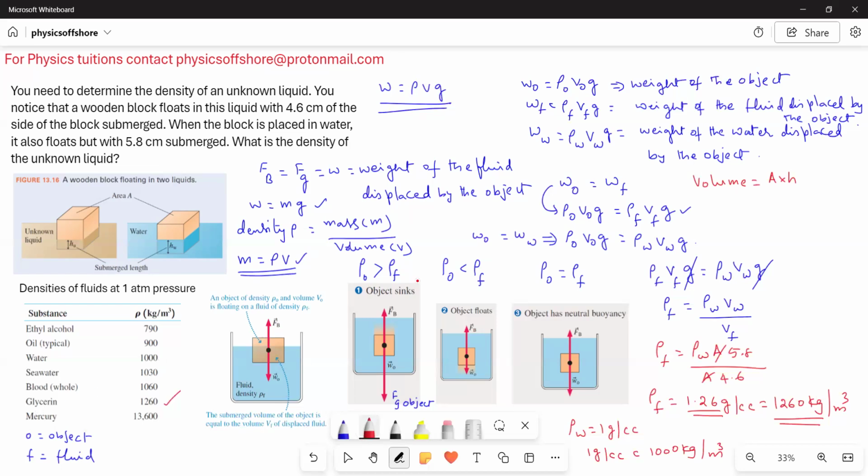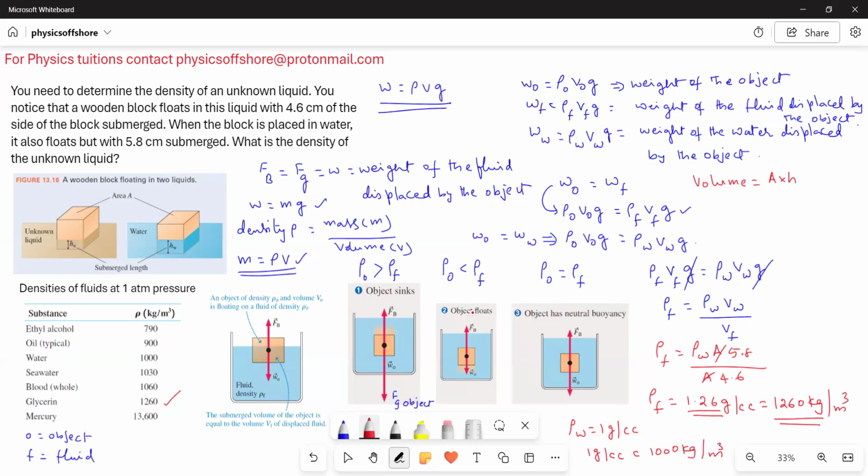Understood? First, you should know when the object sinks, when the object floats, and when the object will suspend in the fluid. Whenever the density of the object is greater than the density of the fluid, it sinks. That means it goes down in the fluid and stays at the bottom of the container.